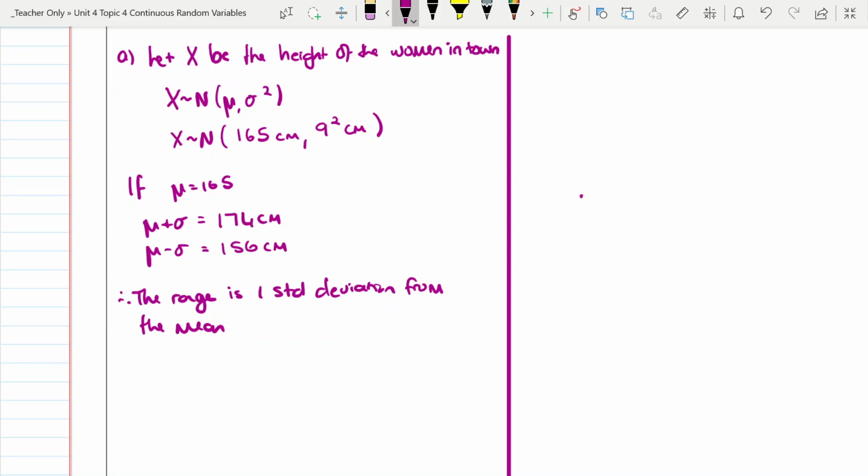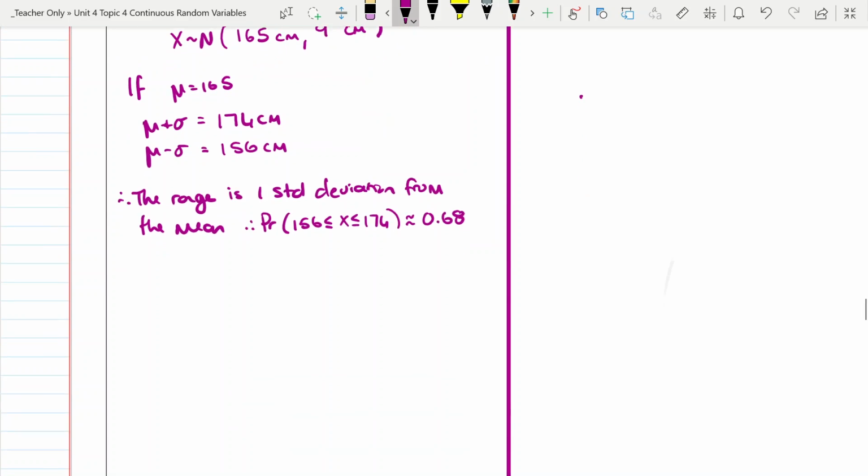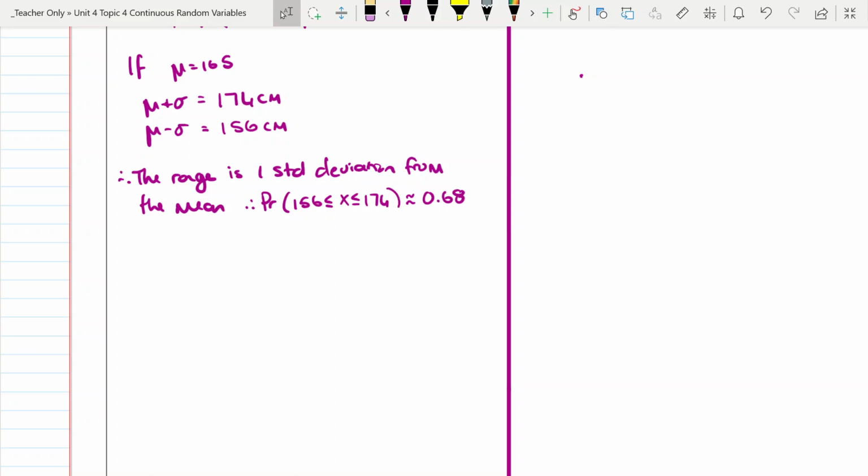And because we know that approximately 68% of all values will fall within that, we can say, therefore, the probability of X falling between 156 and 174 is approximately 0.68. All right, B. What is the approximate probability that a woman chosen at random is taller than 174?